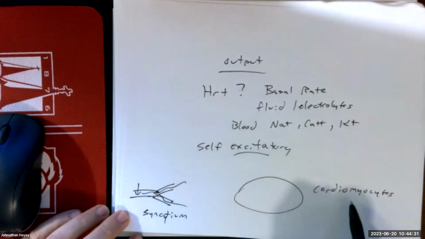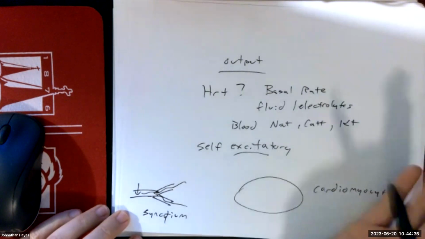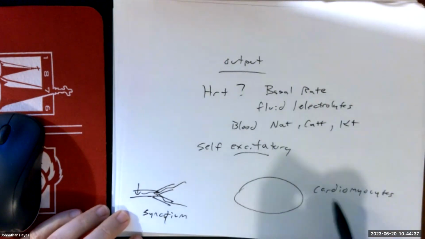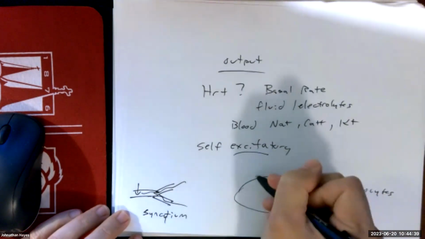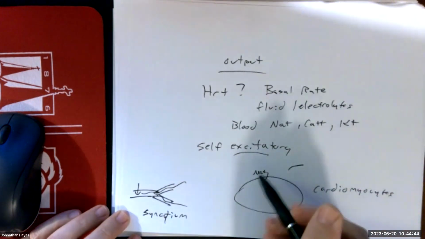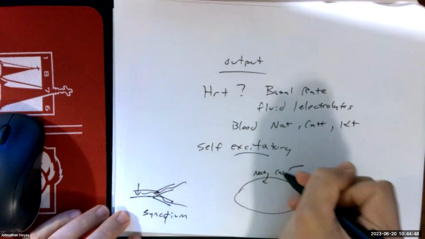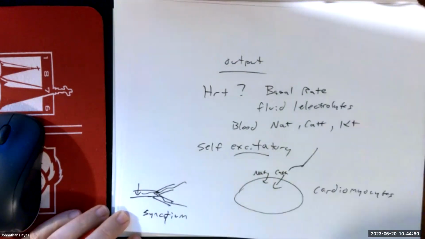But these cardiomyocytes, similar to neurons and other muscle cells, need to be depolarized. The depolarization of cardiomyocytes usually starts with a little bit of influx of sodium, and that'll take you a little bit of the way. Then these sodium channels will close and calcium channels will open, and calcium takes you most of the way to depolarization.